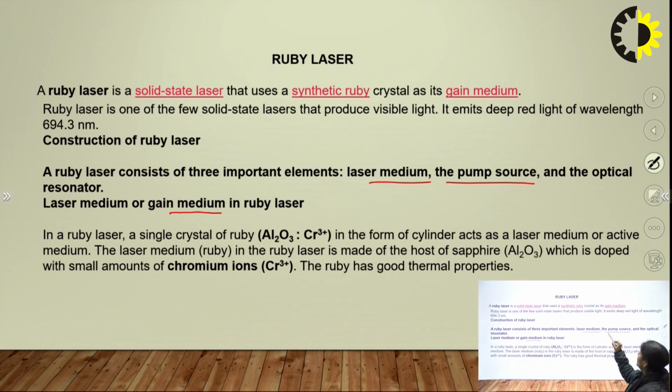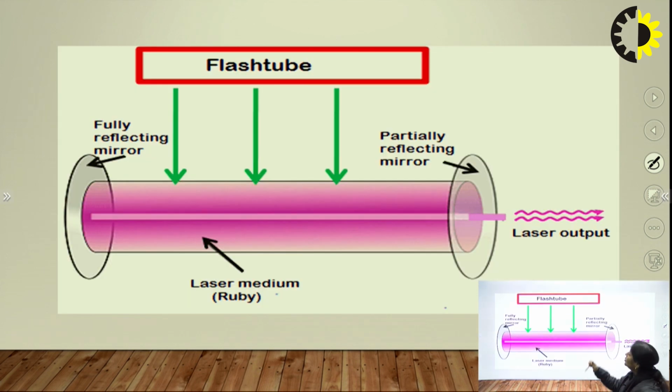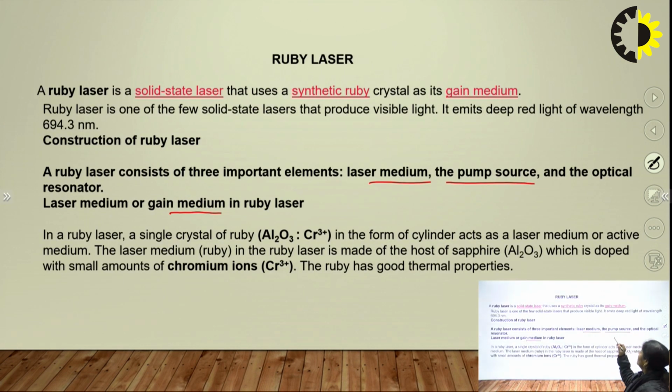So this pump source part is shown here in terms of the flash tube. The role of the pump source is that it is giving out the radiation to excite the atoms from this laser medium. So this is the role of this pump source.